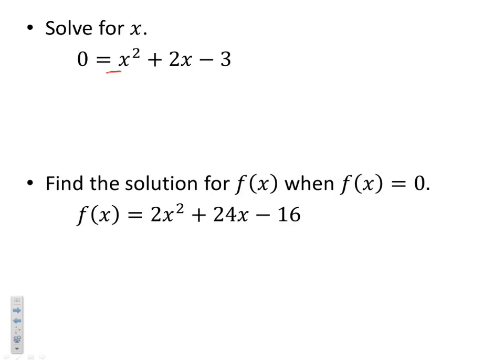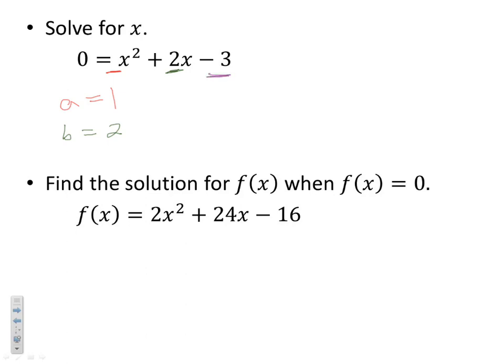So I don't see anything there. So if I don't see anything there, I assume that it's going to be 1, because 1 times any number is any number, right? So A is going to equal 1, and then I have B. B is with the x, so that means that B is going to equal 2. And then I have C, and I have a minus 3 there.